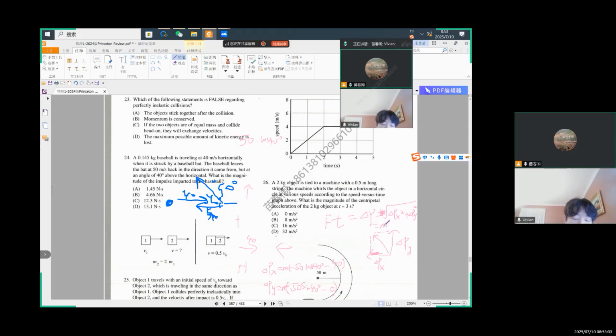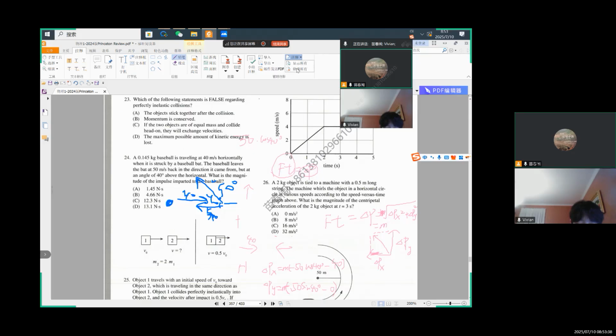I don't know Ft, so I have to use delta p, right? It obviously has two directions. Because Ft equals delta p, this is a vector and this is also a vector, right? So I can use vector adding, and eventually use Pythagoras to find it. The XY direction is easy to help me find it. Is 24 okay?